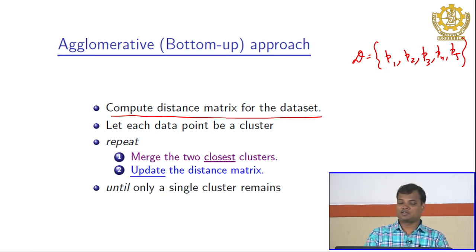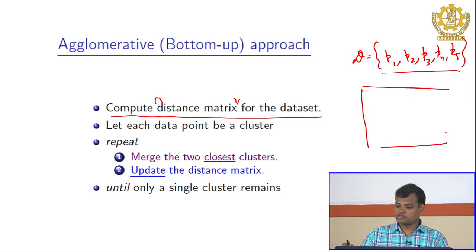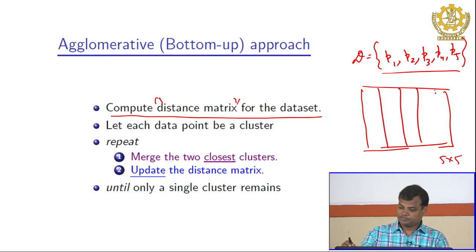So, you have 5 points, and the task is to find the distance matrix. The distance matrix represents the distance from one point to all other points. I probably covered the distance matrix earlier in class. Here there are 5 points, so from each point to all other points you have to find the distance. We compute a square matrix of size 5 by 5.